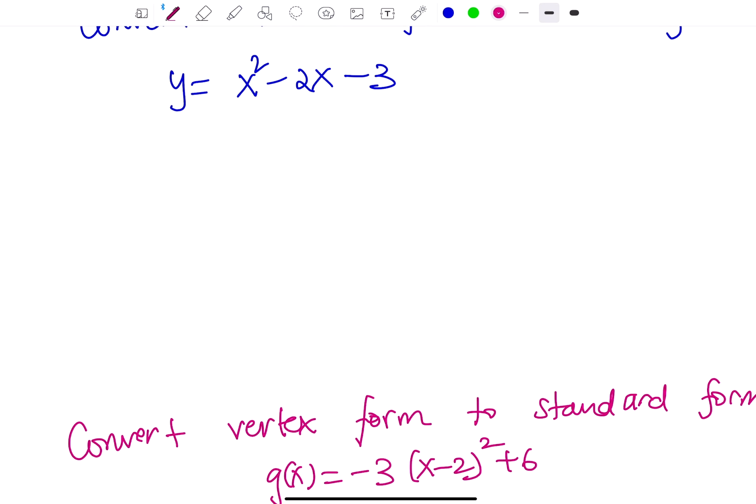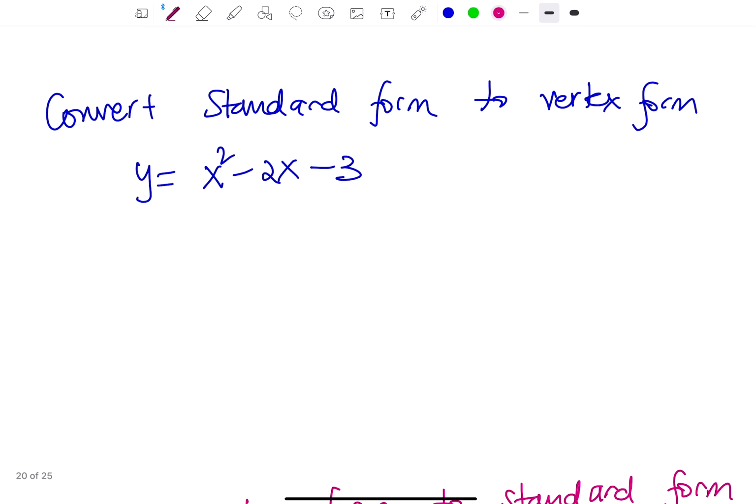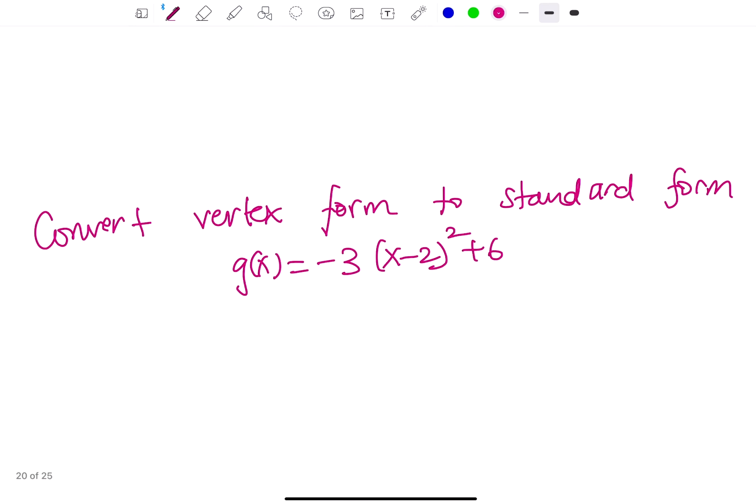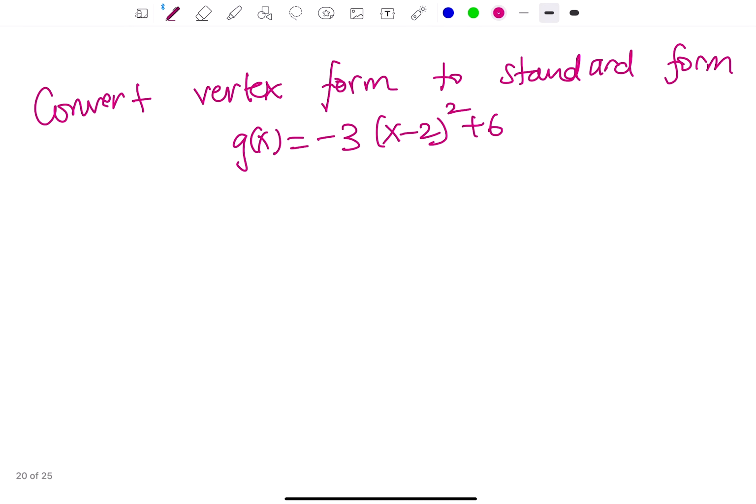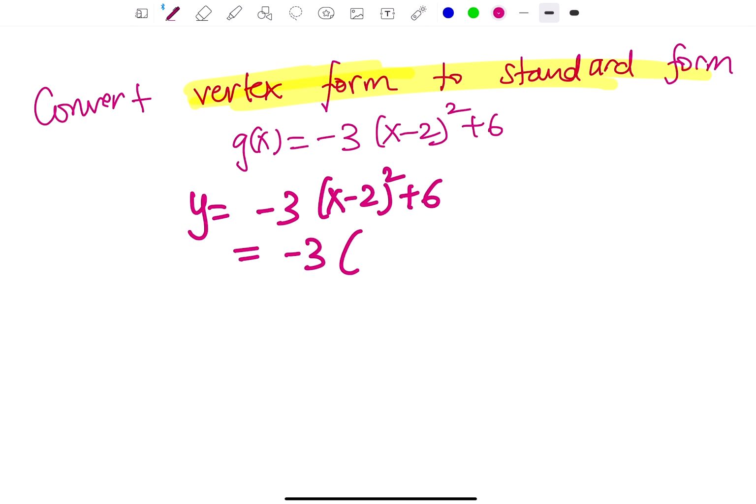Next, we're going to see how to convert standard form to vertex form and how to convert vertex form to standard form. Let's first look at converting vertex form to standard form. To convert vertex form to standard form, all we have to do is open up the brackets and FOIL: x minus 2 squared, which is x squared minus 4x plus 4, plus 6.